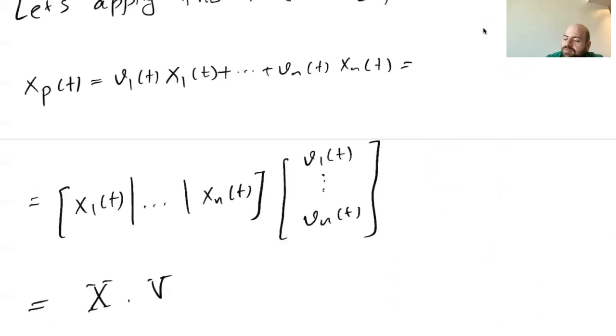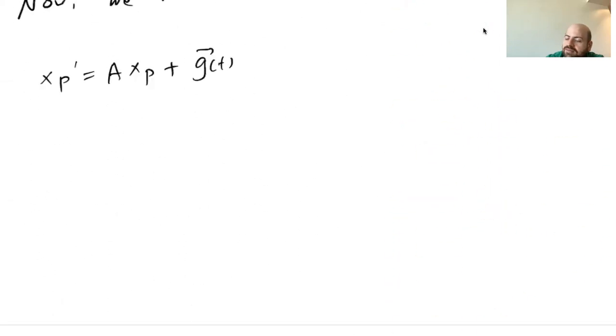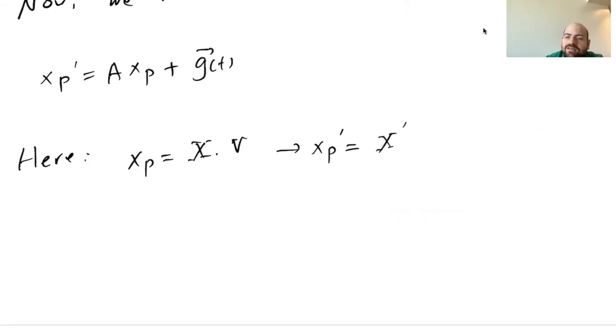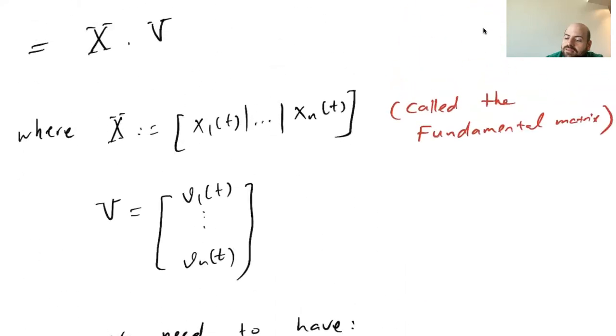Now, what is xp prime here? xp is capital X times capital V. So what will be xp prime? Remember, both capital X and capital V are functions of t.